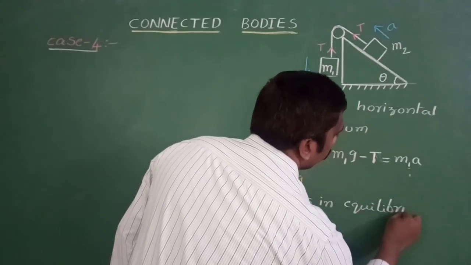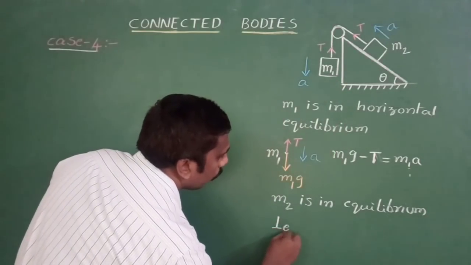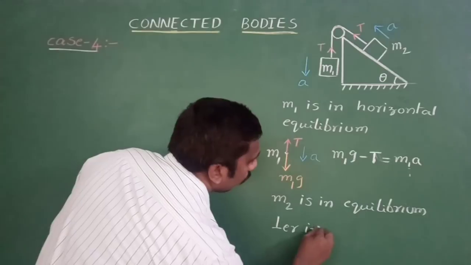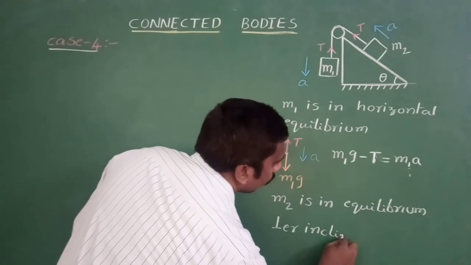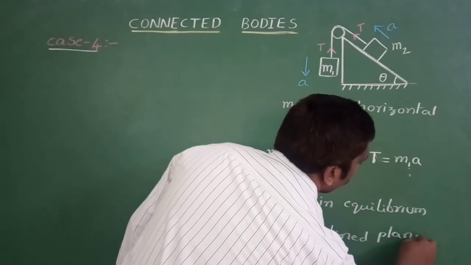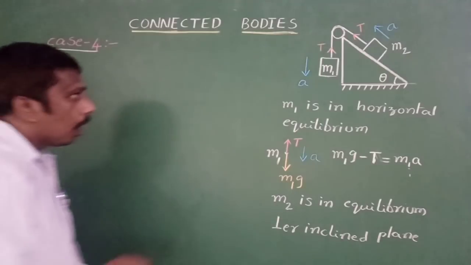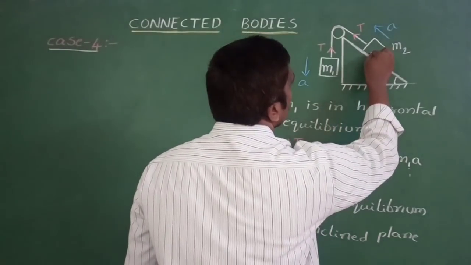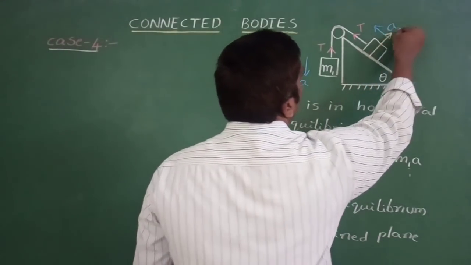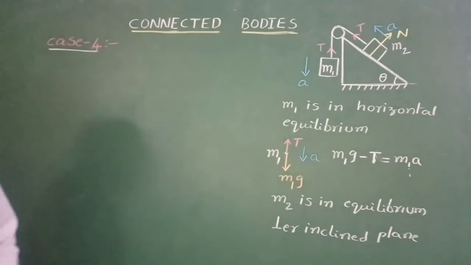Equilibrium perpendicular to the inclined plane means a normal reaction is acting perpendicular to the inclined plane. Then which force balances the normal reaction?